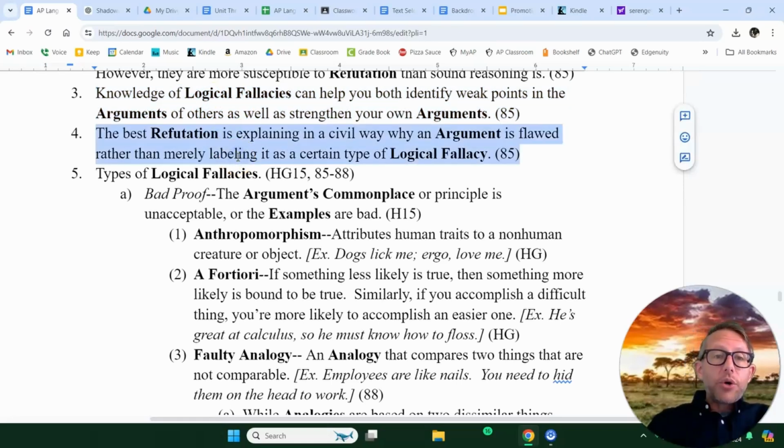Just keep in mind that the best refutation is to, in a civil way, show that someone has made a logical fallacy. In most cases, unless you're specifically speaking to an audience of redders, chances are you don't need to name these logical fallacies. You don't need to say, oh, well, this is anthropomorphism, so clearly it's a logical fallacy.